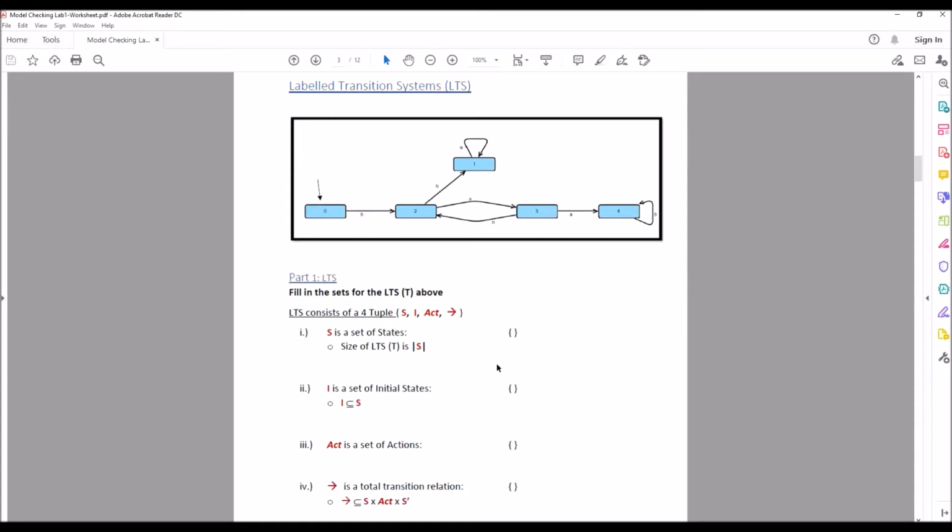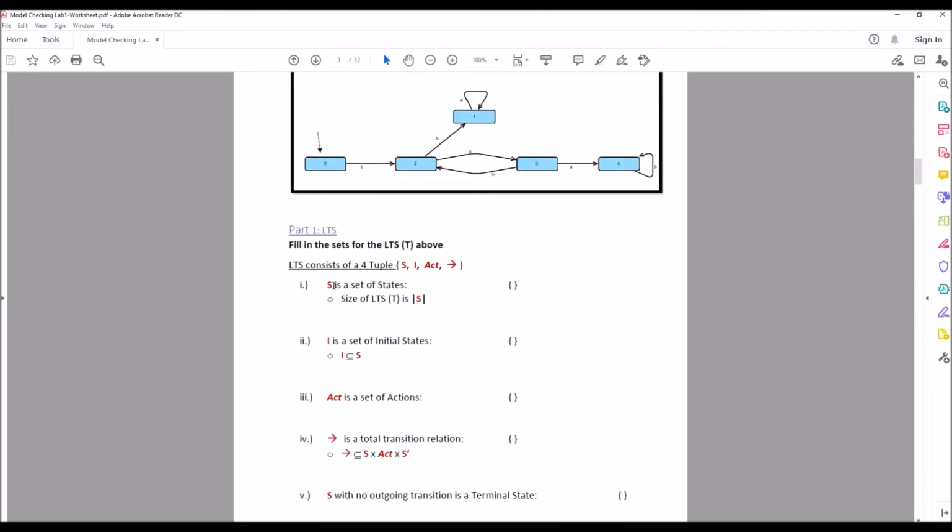So a label transition system consists of a four tuple. So it consists of states, denoted by S, initial states, denoted by I, actions, which are a set of actions, and we will go through what these mean in a minute, and transitions.